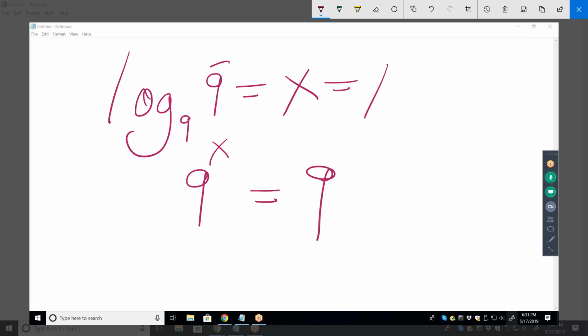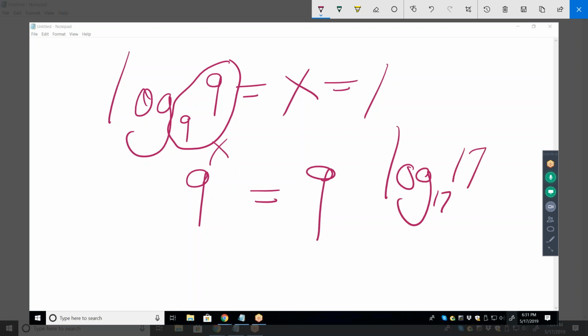And what that tells you is that whenever the base is equal to the argument, your answer is always 1. In other words, the log base 17 of 17 is also equal to 1. And that's useful. Remember that. The log base b of b is equal to 1, always, no matter what b is.